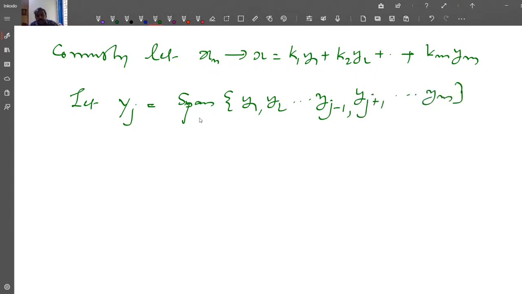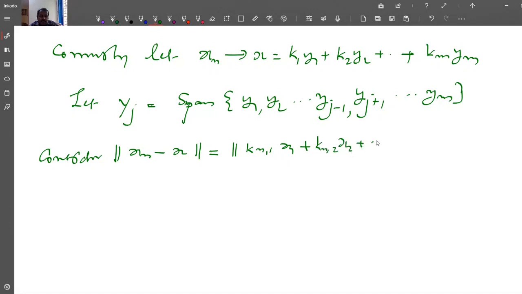That is, it is the span of all elements y1, y2, etc., ym except yj. Then you consider the norm of x_n minus x. This is equal to the norm of k_n1 y1 plus k_n2 y2 plus etc. plus k_nm ym minus k1 y1 plus k2 y2 plus etc. plus km ym.